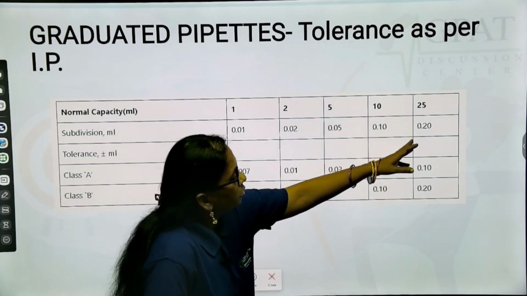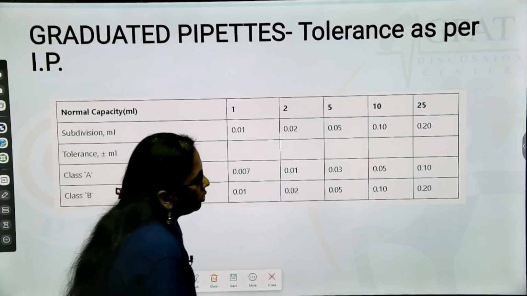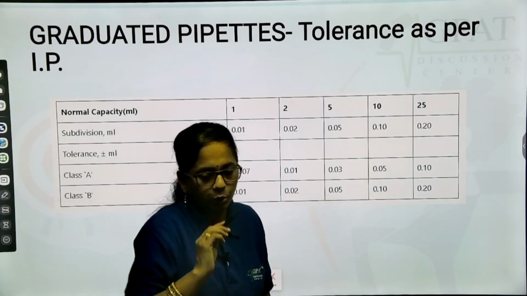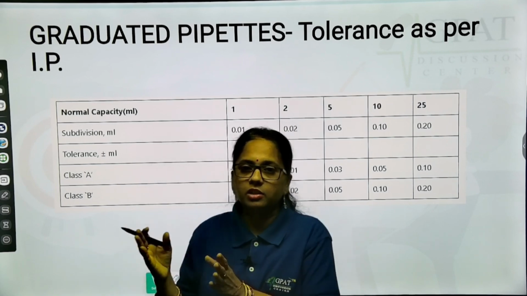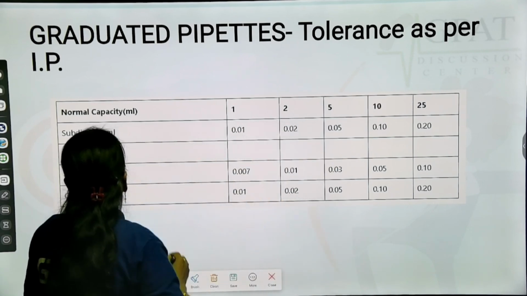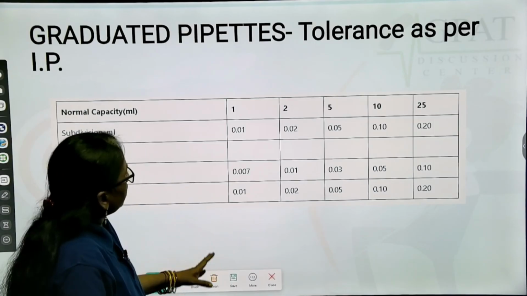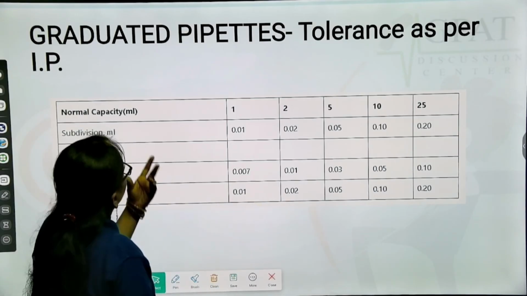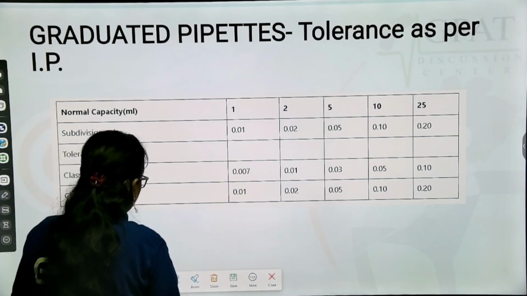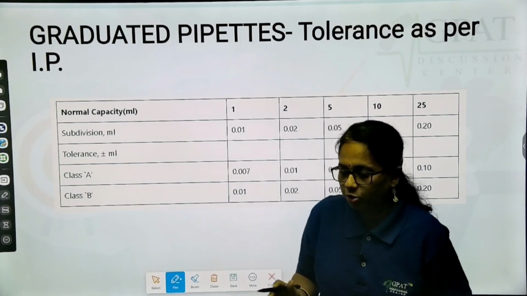If you go for the 25 ml graduated pipette, you are going to see subdivisions of 0.2 ml. So as the capacity increases, the graduation interval also increases. Here, for class A and class B grade glassware, you see different tolerance limits. For 1 ml it is a very narrow range you are going to observe.